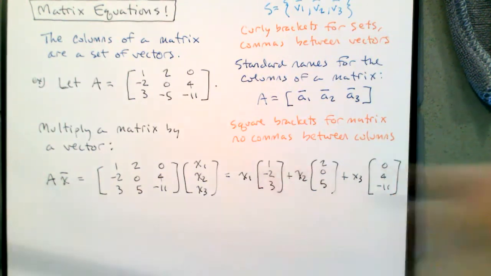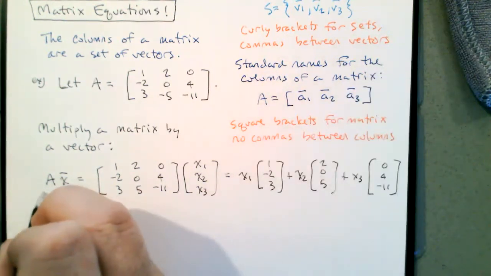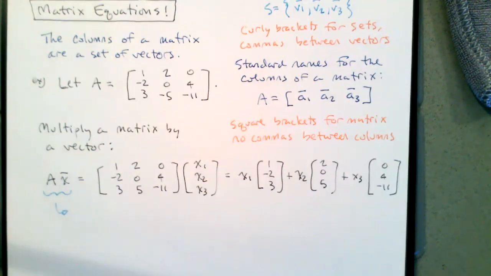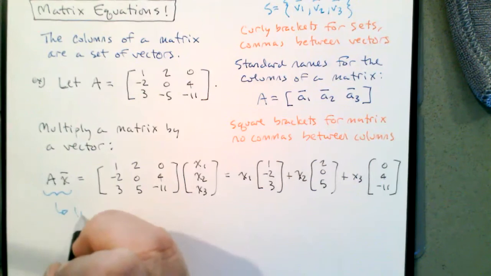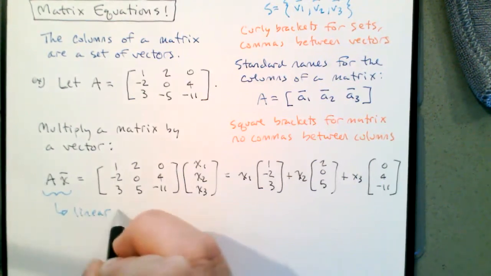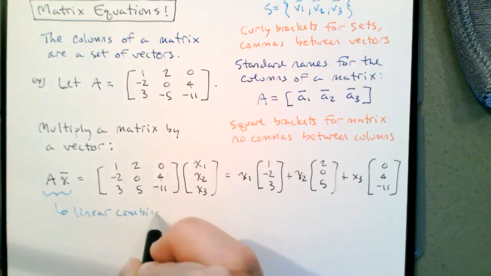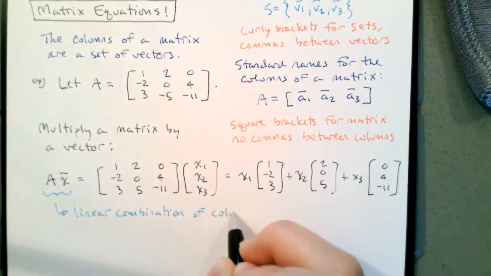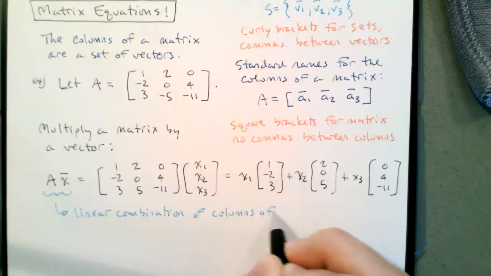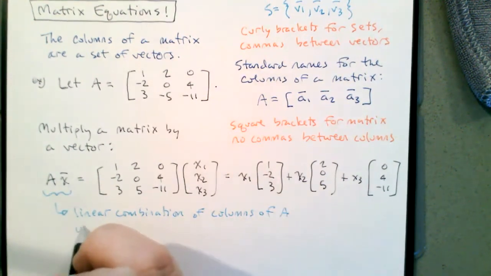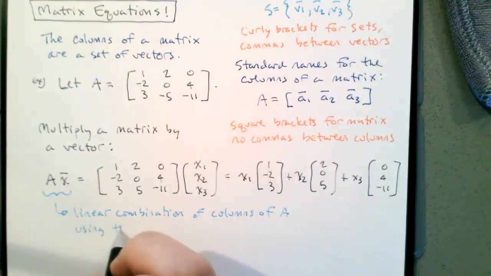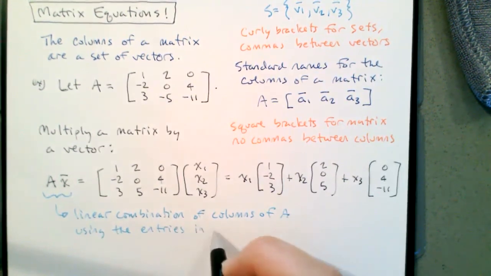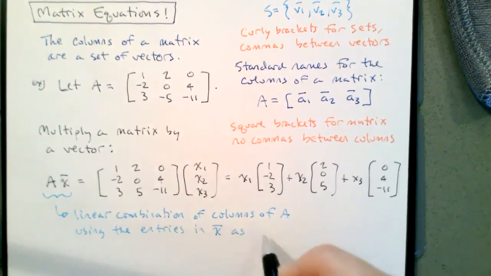So when I say multiply Ax, make a linear combination of the columns of A using the entries in x as weights.